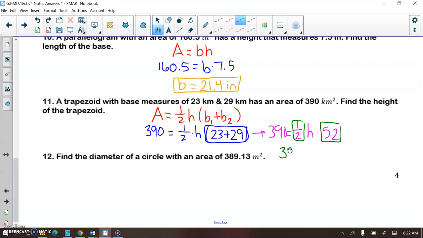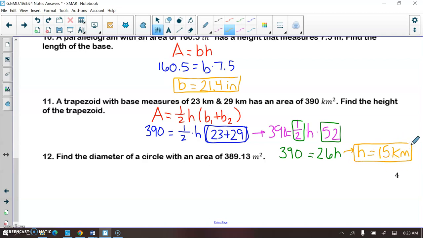So I wind up with 390 is equal to a 26 times my height. And so now dividing both sides by 26, a 390 divided by a 26 gives me that my height is 15 kilometers.